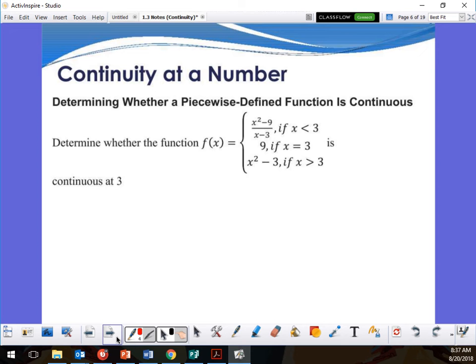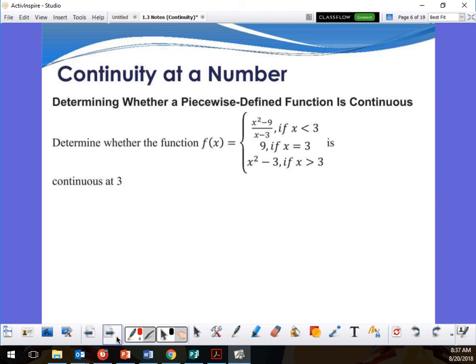I'm going to show you the math way first, then I'm going to show you the calculator way. So the math way, for it to be continuous, all 3 parts of this piecewise have to be the same number. So for x less than 3, I'm going to plug in 3 to the top. If I plug in 3 to the top, what do I get?